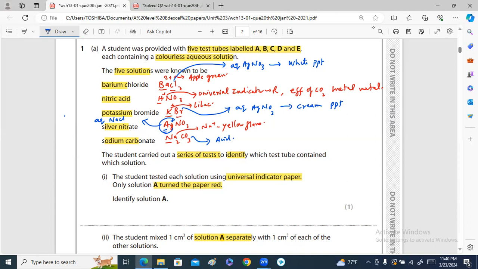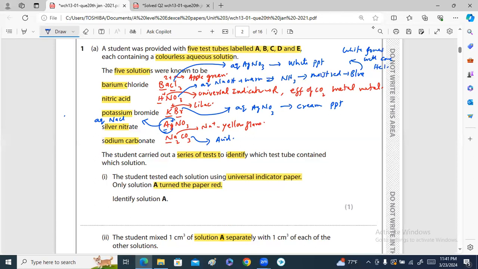Nitrate ions can be tested by using aqueous sodium hydroxide and warming. Ammonia gas will be given off, which turns moist red litmus paper blue, or which produces white fumes with concentrated HCl.